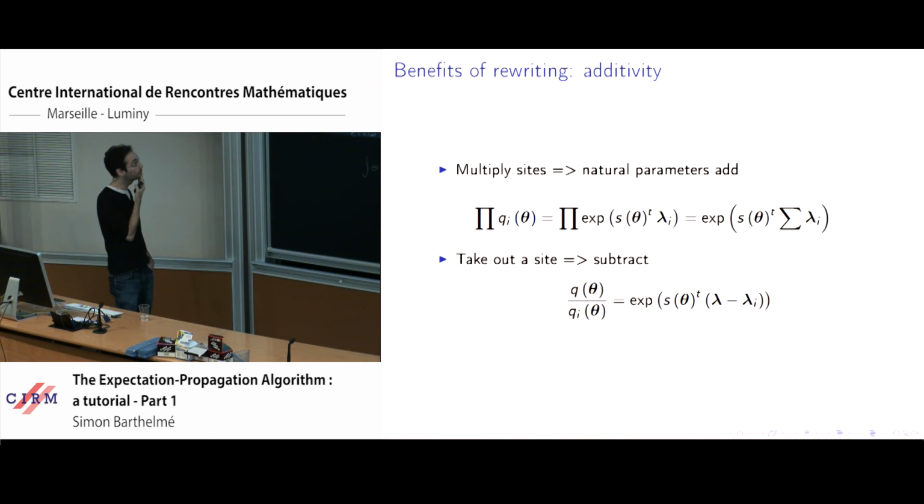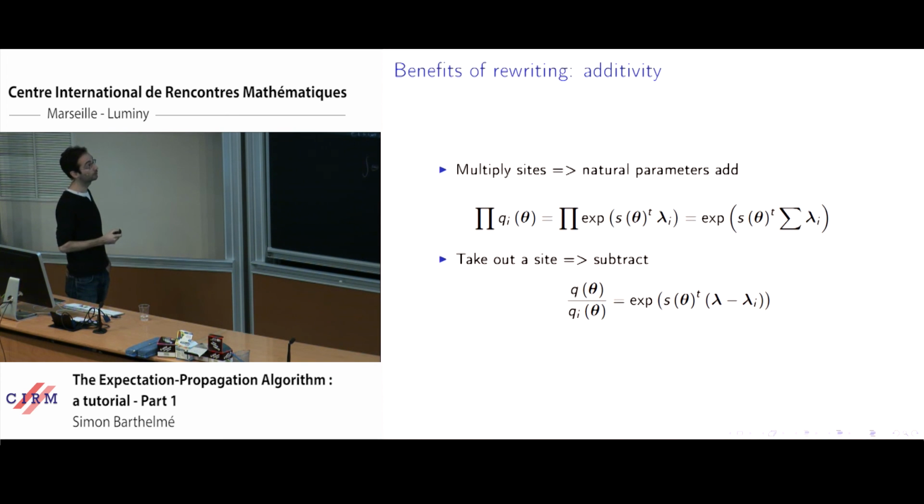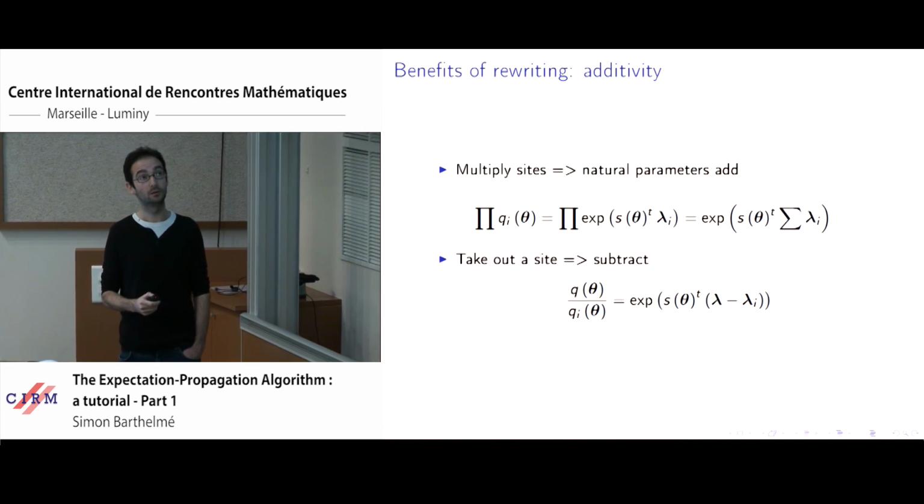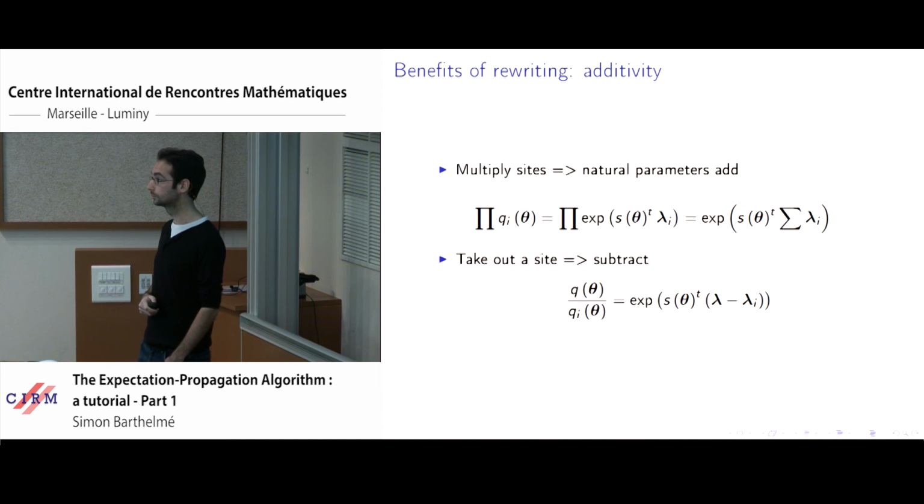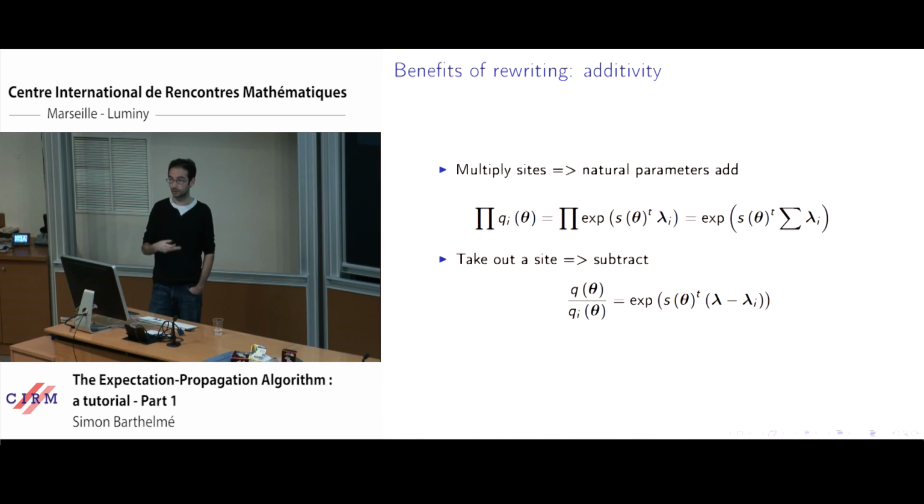So, why do we bother with this? Well, we bother because if you have sites that can be expressed like this, as a product of summary statistics transposed with site parameters lambda_i, then if you take products, everything adds. Adding all my bits of Gaussians together just produces a sum over the lambda_i's.